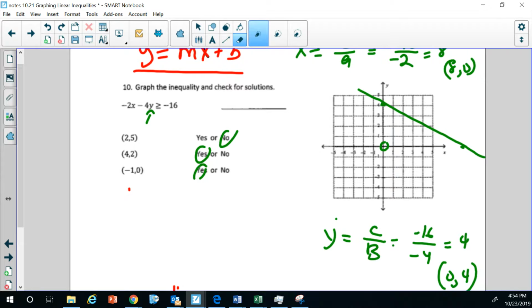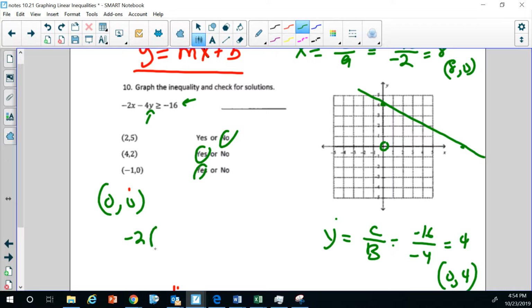My point is (0, 0), the point from the graph. I'm going to plug it into this equation. When x is 0, I have minus 2 times 0 minus 4 times 0, greater than or equal to negative 16. So my left side is 0, so 0 is greater than or equal to negative 16.